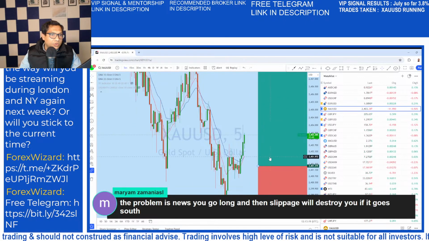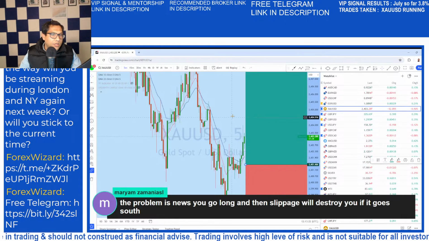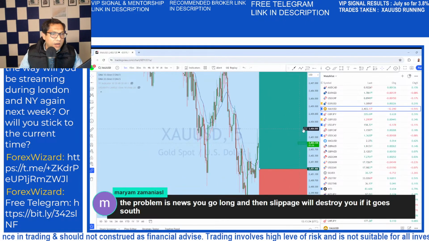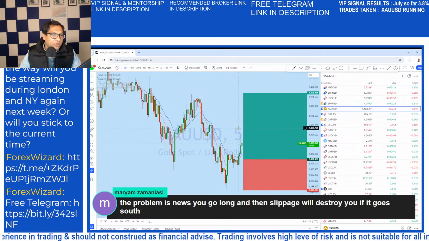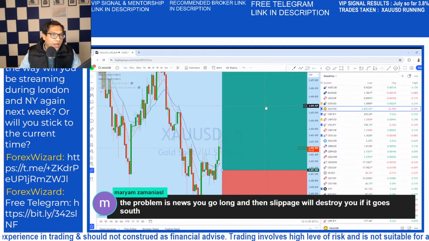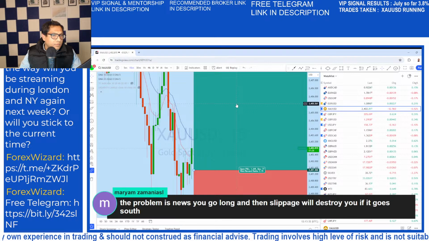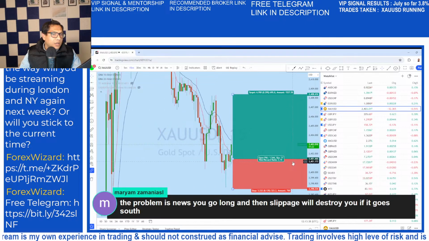Okay, we can see a bounce, and with that bounce, wanting to see the market heading to the upside to create a new higher high. This is the 15 minutes candle closing.